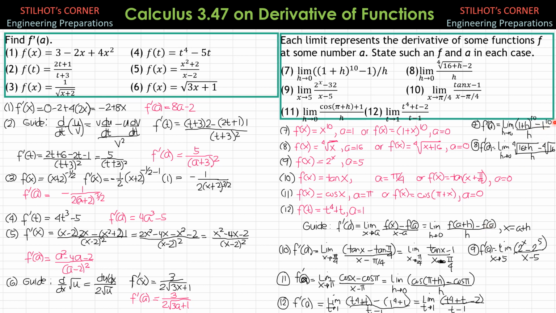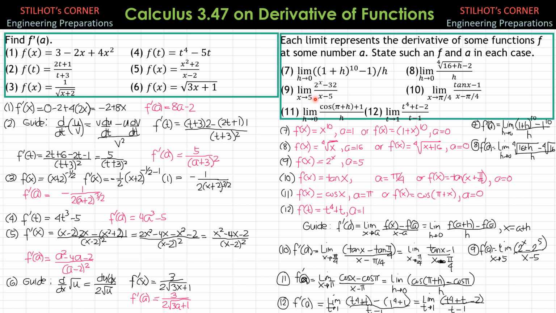And 1 to the 10 is 1. So that's why this is the limit of quantity 1 plus h raised to 10 minus 1 all over h. So f of x is either x to the 10, or f of x is 1 plus x quantity raised to 10, where a is 0 for this second possible answer.